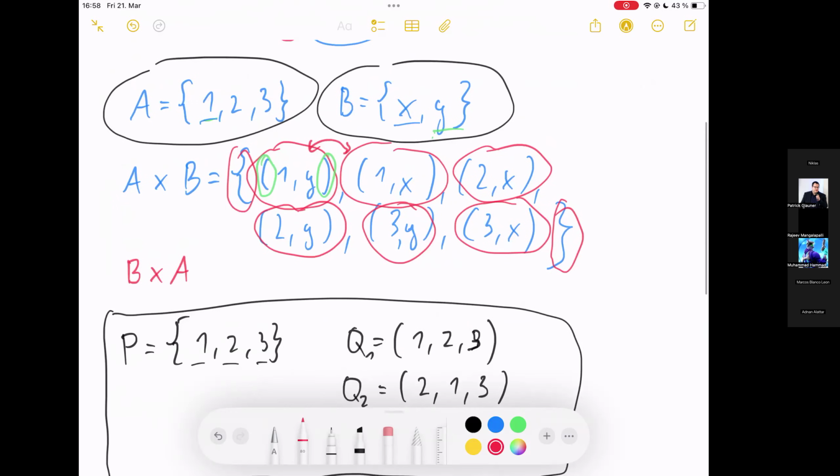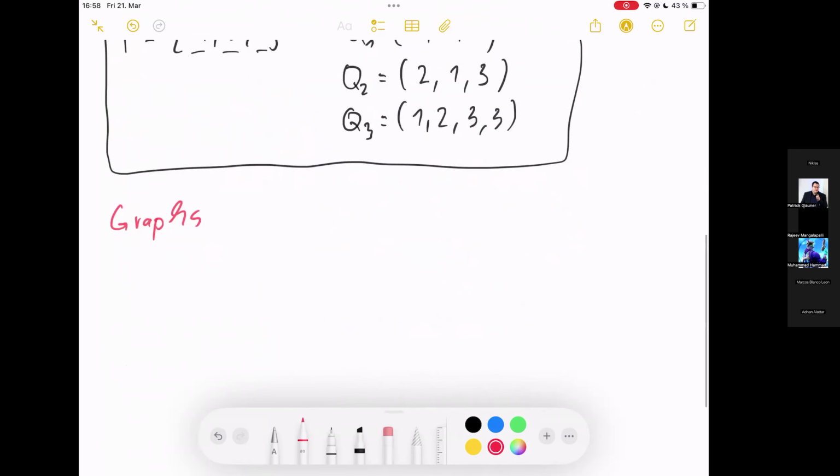So B and A is something different than A and B, unless you have some special cases that A and B are the same sets. But since A and B are different sets, these two Cartesian products are not the same, only if the two sets were the same.